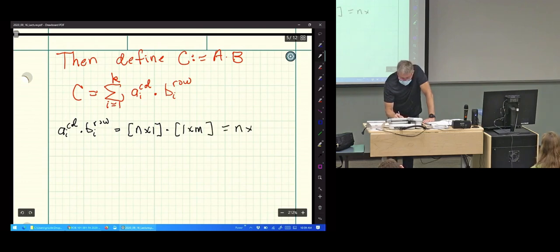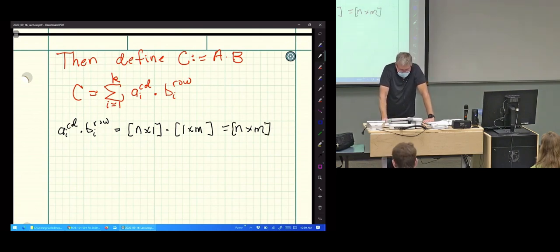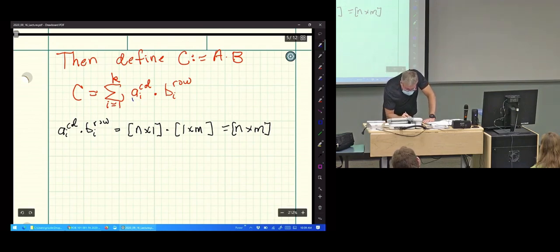So that's an n by m. Yep. And then we add up n by m matrices. We keep n by m. And so C, just like we want it to be, is n by m.